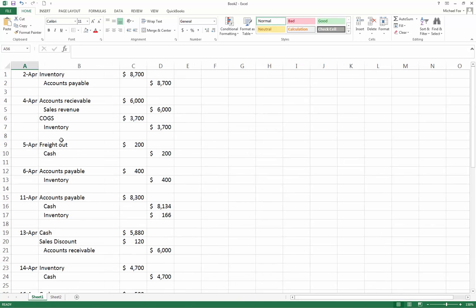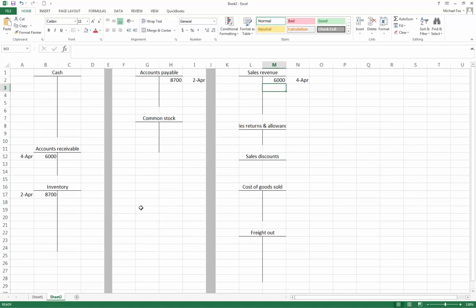And then the other part of that transaction, cost of goods sold, a debit of 3,700, and inventory has a credit of 3,700 on the same day. So cost of goods sold, and it should be inventory, no, yes, our inventory going down by 3,700 on 4/4.